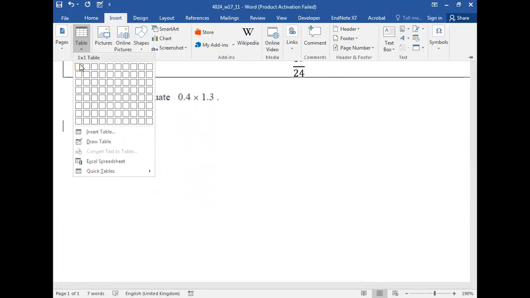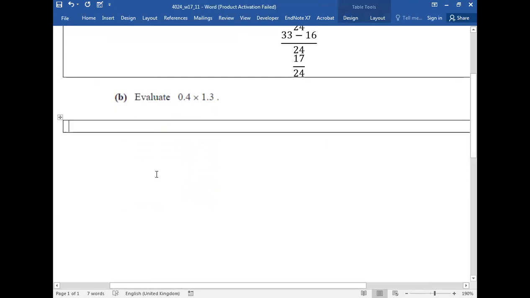Evaluate this. How will we evaluate this? 4 into 13. First simply multiply 4 by 13. Forget about the decimals. Just multiply 4 by 13. 4 into 13 is 52.